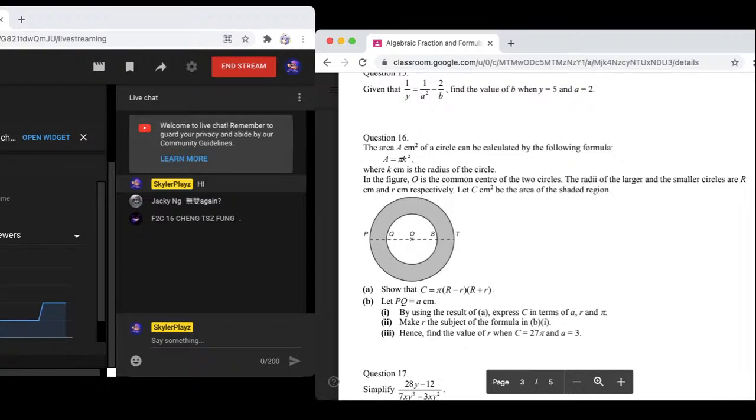B1 question. By using the results of A, express C in terms of A, R and pi. So if PQ is A cm, PQ is A cm, so R minus r divided by 2.